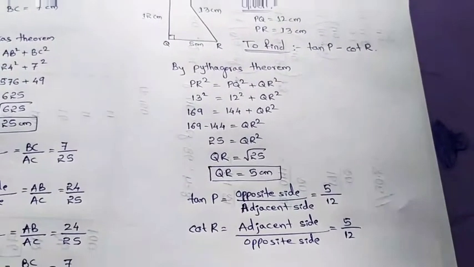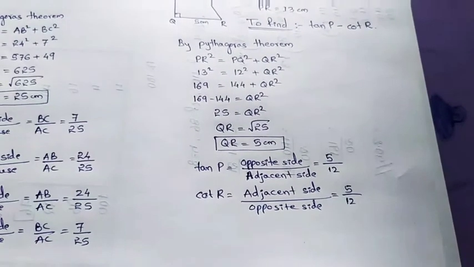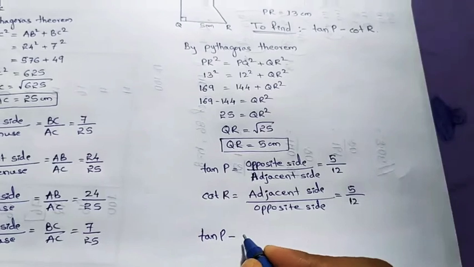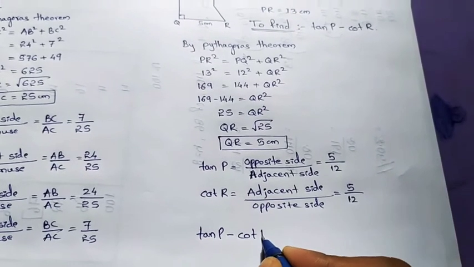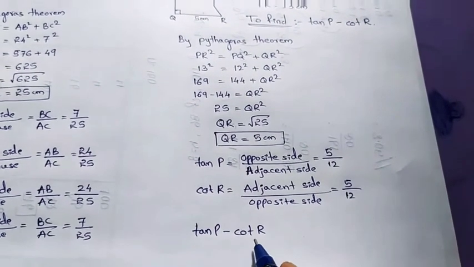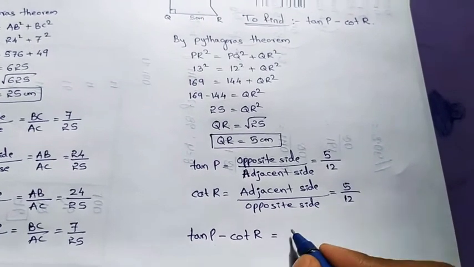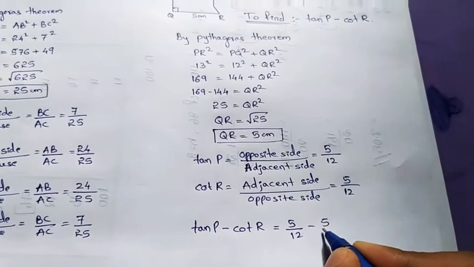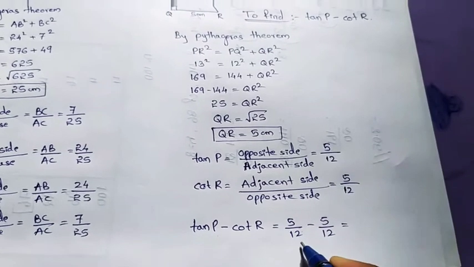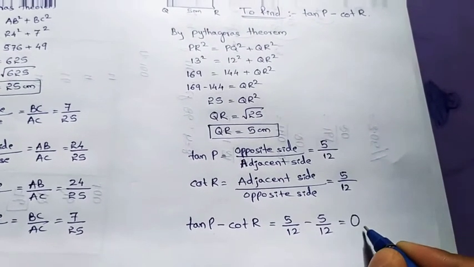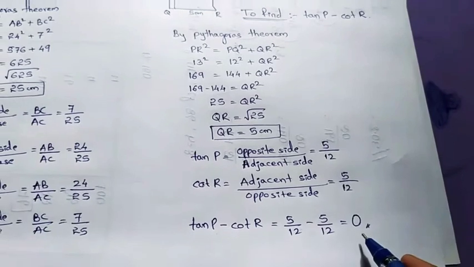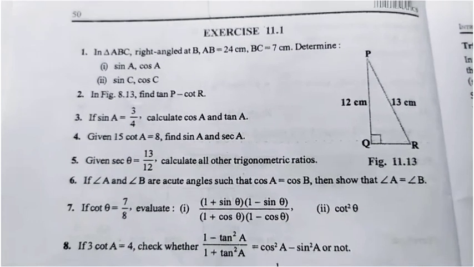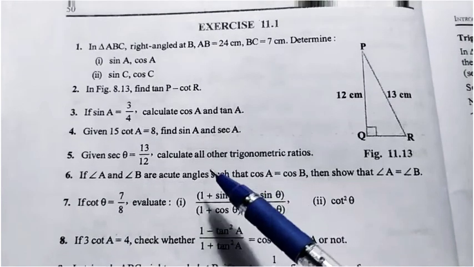Now I have to find tan P minus cot R. Tan P is 5 by 12, cot R is also 5 by 12. So 5 by 12 minus 5 by 12, we get 0. So this is our answer. The next, third, fourth, fifth, all these three problems are similar.